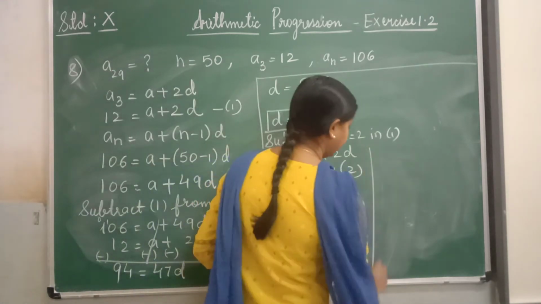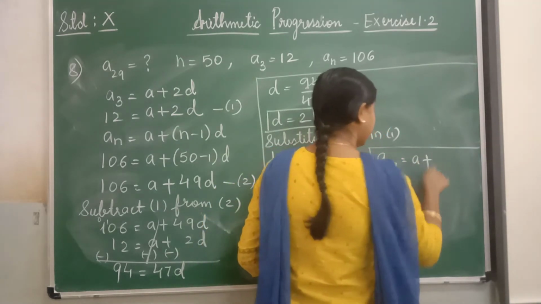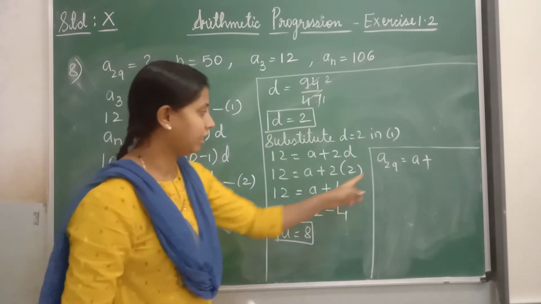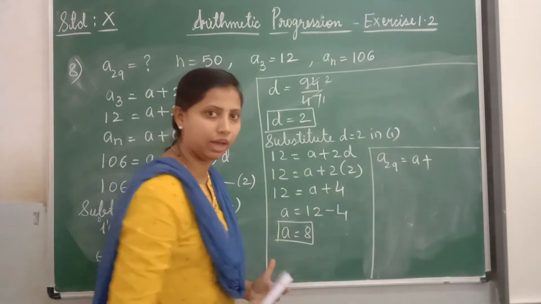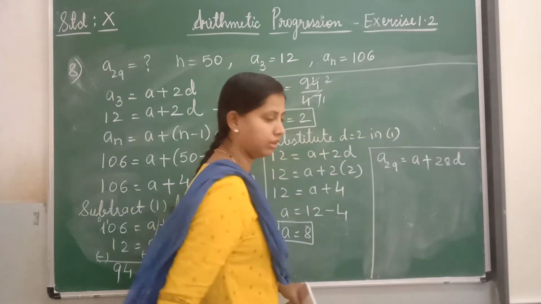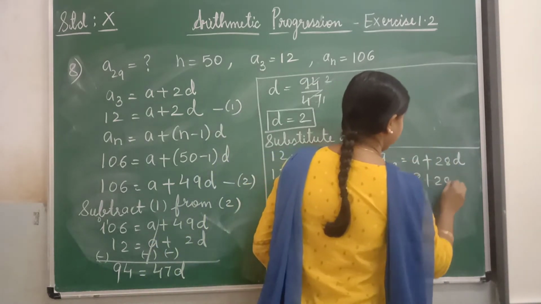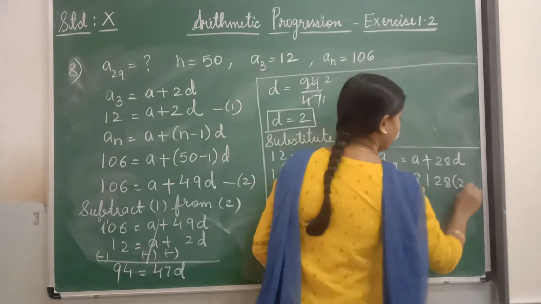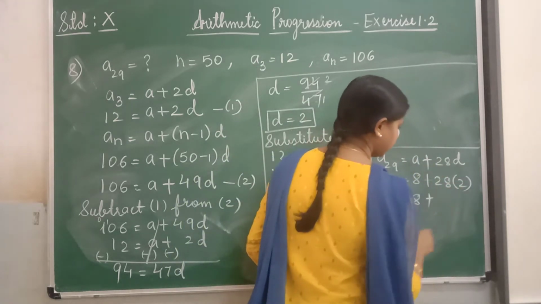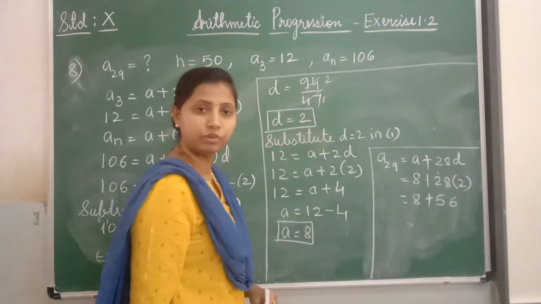So 29th term will be A plus 1 less than 29, that is 28D. Yes, so that is A is 8 plus 28 into D is 2. So 8 plus 2 8s are 16, 2 2s are 4, 5, 56.